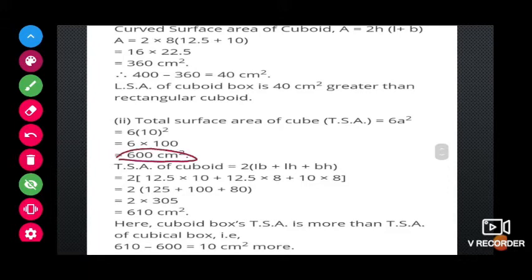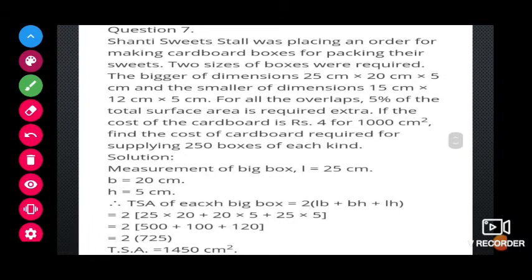The cube has only 600, but the cuboid has 610 centimeter square. So the cuboidal box has 10 centimeters square more than the cubical box when we take the total surface area of the things. Okay.